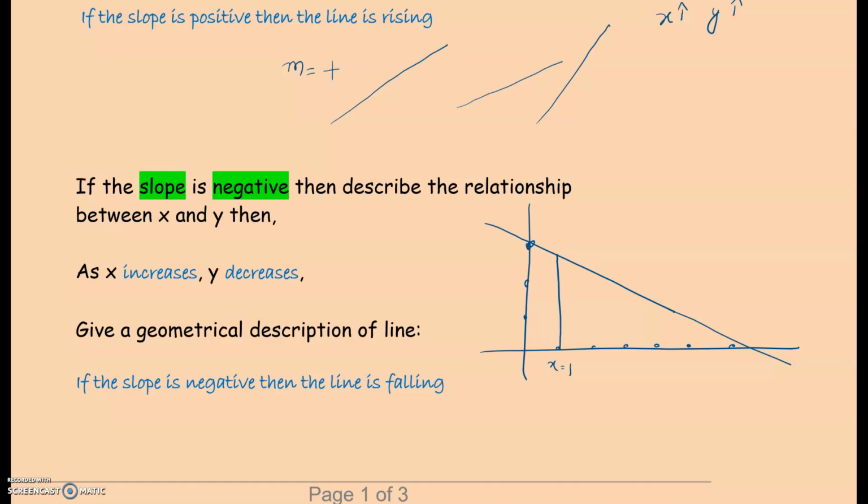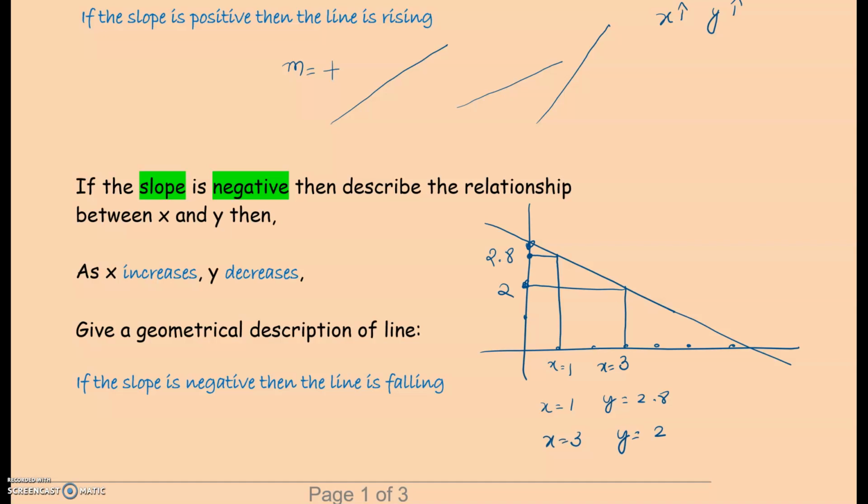We draw a vertical line to meet the line and then a line perpendicular to the y-axis. Let's say this is 2.8. So when x is 1, y is 2.8. Let's increase x to 3. When x is 3, y is roughly 2.